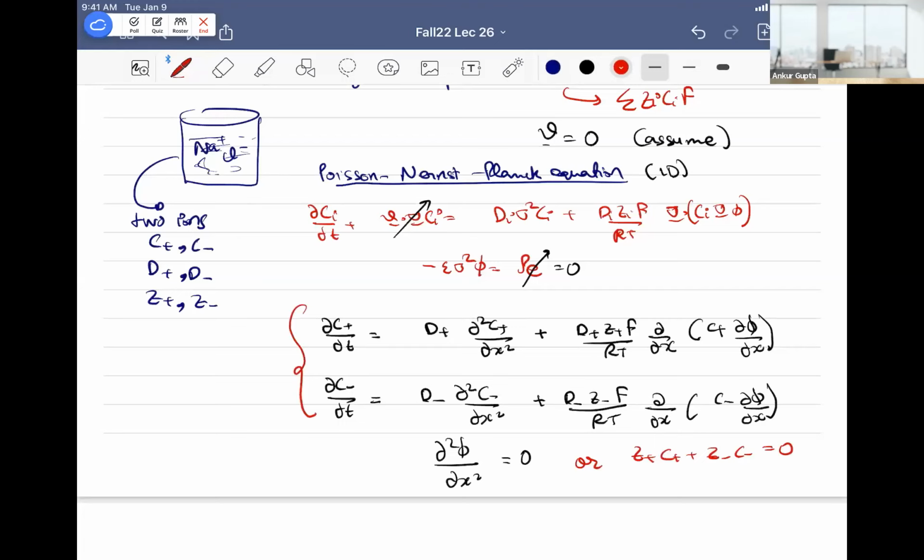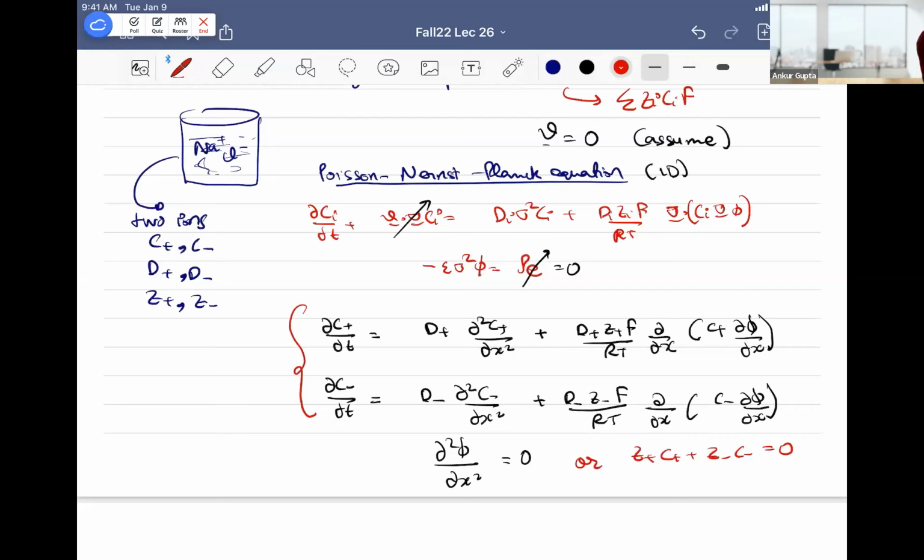Because if I eliminate phi, I'll simply get two equations in C plus and C minus, which is great. Then I don't have to worry about any other equation. So any thoughts on how I can use Z plus C plus plus Z minus C minus and eliminate phi?